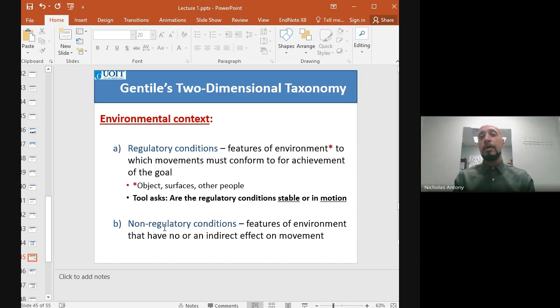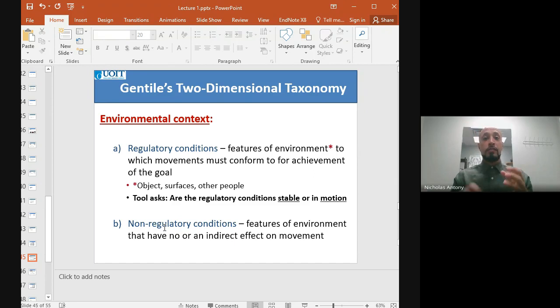So let's say I'm pitching a baseball or hitting a baseball. What if the baseball changes color? It goes from white to black, or white to yellow. It's a change in the environment, but it doesn't really affect the way that I would be moving. Whereas what if I was hitting a hard ball versus a softball?